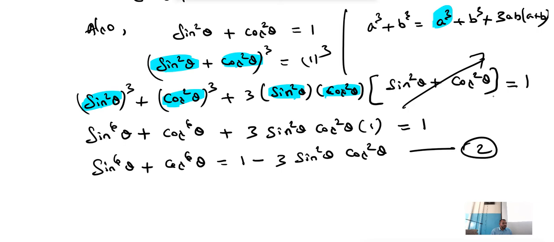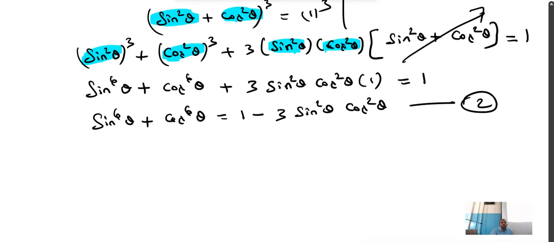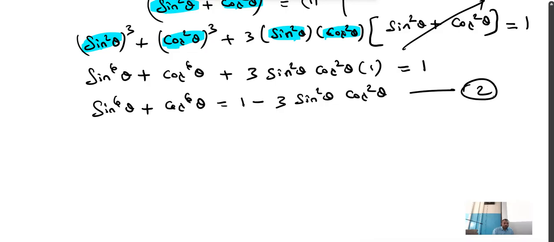Now in the LHS, can we substitute this value? How? In the LHS, can we substitute these values? Yes or no? Now come back to the LHS. Now LHS is equals to, look son, write 2 in place of 2.